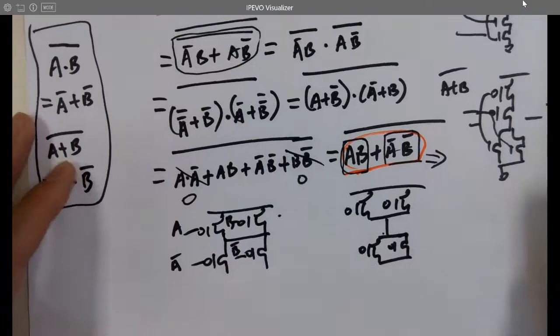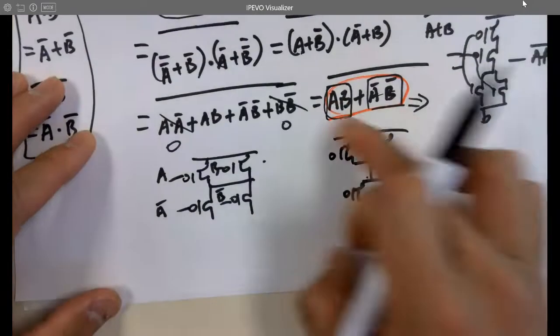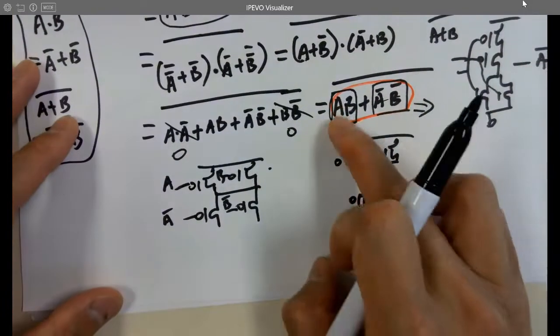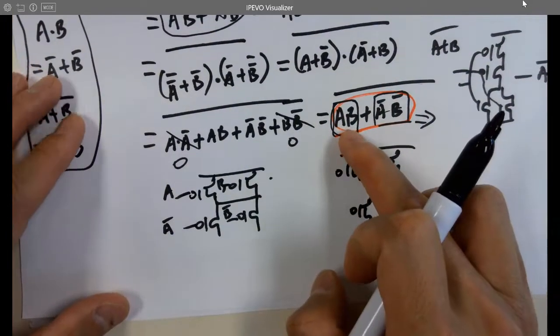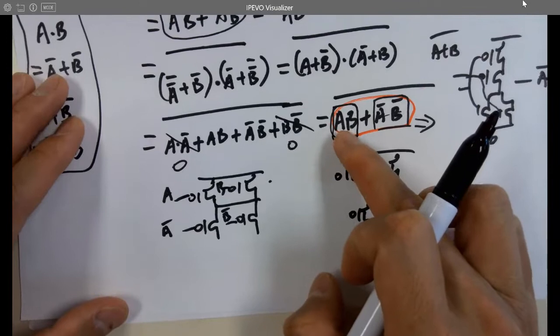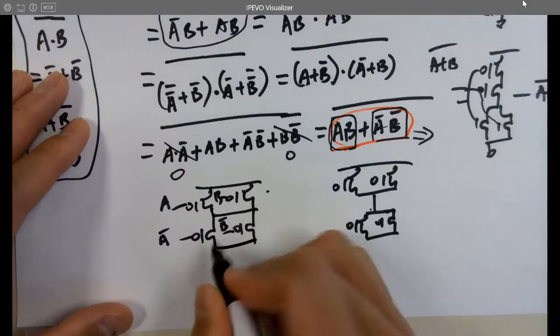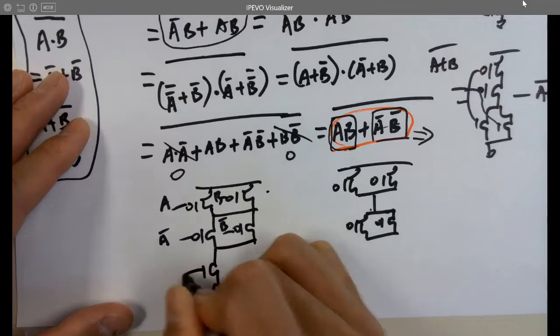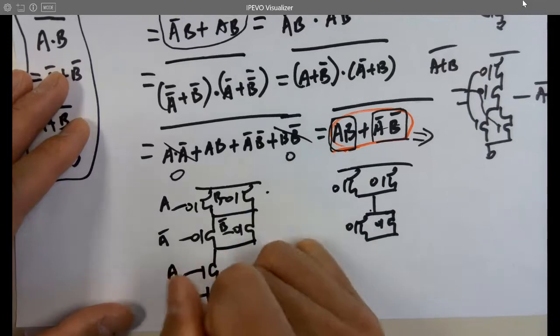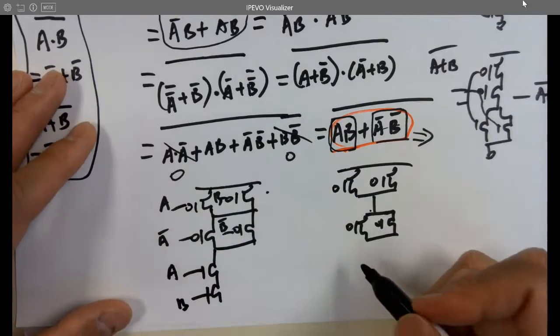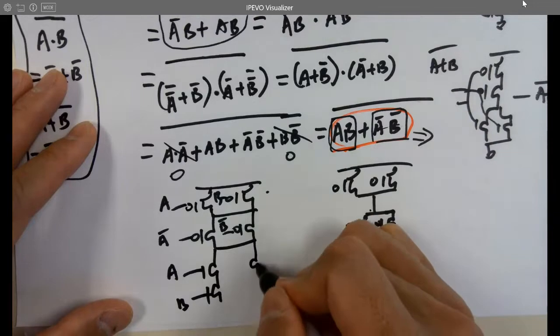What about NMOS? Still look at this equation here. AB is the AND logic, so they need to be in series, right? For the NMOS, A naught, B naught should be in series.